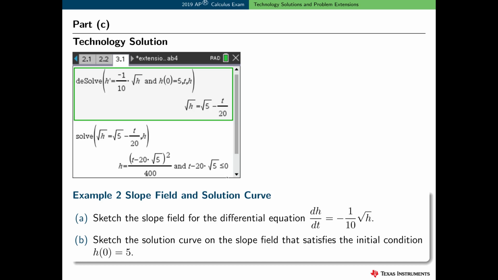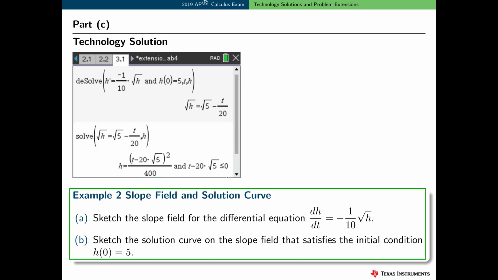I'm not sure of the algorithm used to solve this DE, but notice that my answer is stated in terms of the square root of h. Now I need an explicit expression for h, so I used the solve function. The answer perhaps provides some insight into the deSolve result related to the domain.